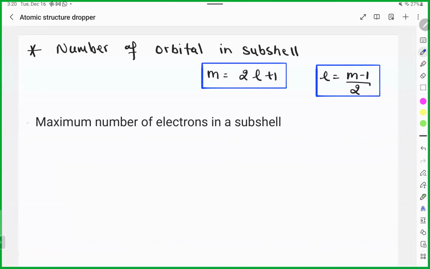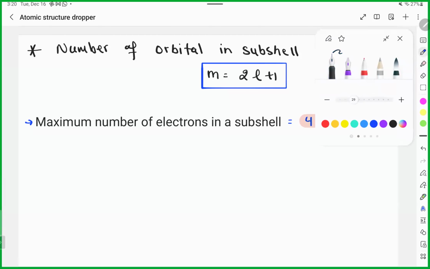Got it? So the maximum number of electrons in a subshell will be 4l plus 2. Understood? Correct? And even if you don't know this, you can logically make it by the same method.